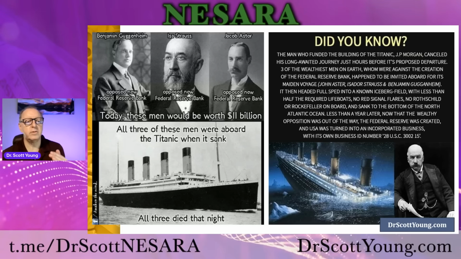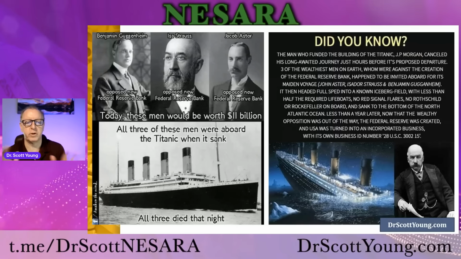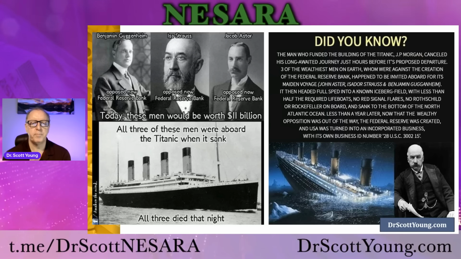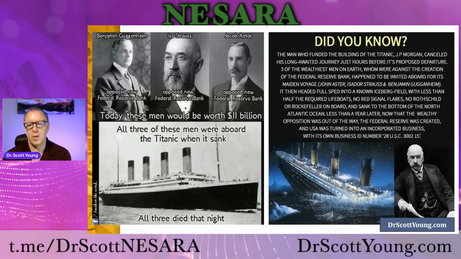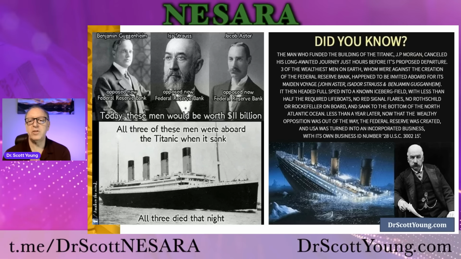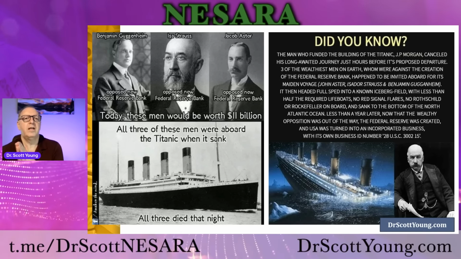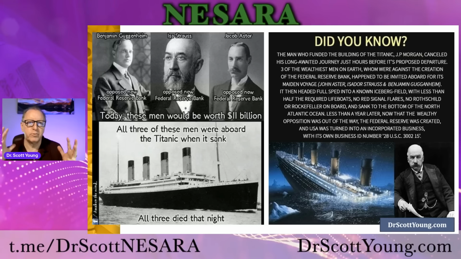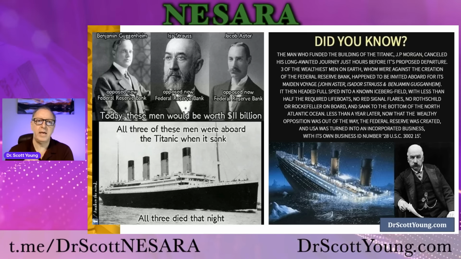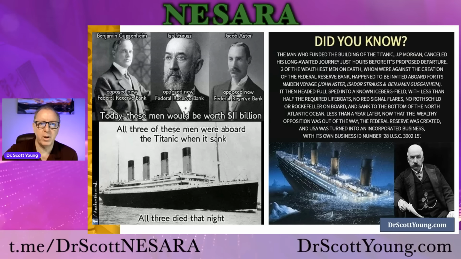But what's on the ship, and you can go through the history of it, is really interesting with this stuff too. Henry Morgan, or J.P. Morgan, is the owner of the White Star Line. He is the top of the Federal Reserve conversation. He is going to be on that ship.